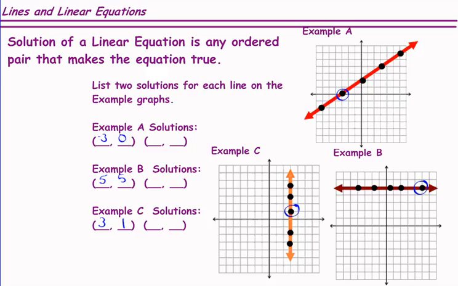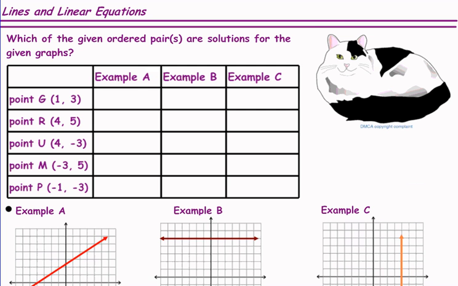And you write down one of the other possible solutions. I think one of my dots got out of place. And you write them in these spots here, here, and here. And yes, I'm going to check your notes, see if you did your work. Right now, which of the given ordered pairs are solutions to the given graph?